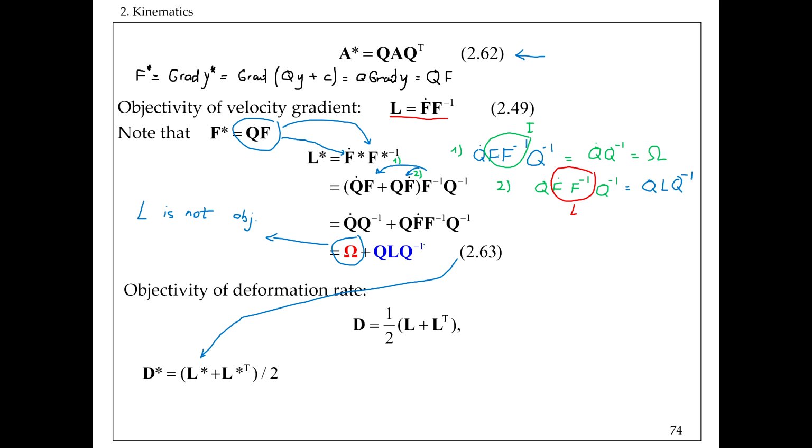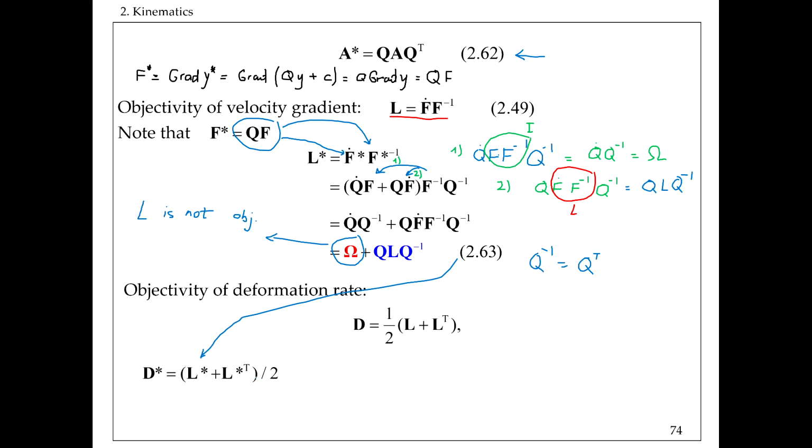Instead of inverse, we will just write transpose, because we know that the inverse of Q is Q transpose. I'm just reminding you again. And then the second term here will be the transpose of that.